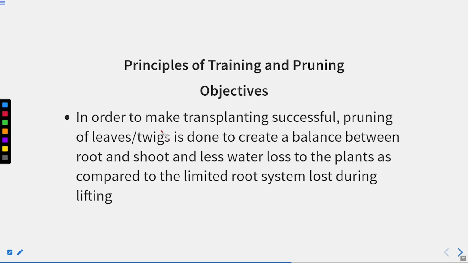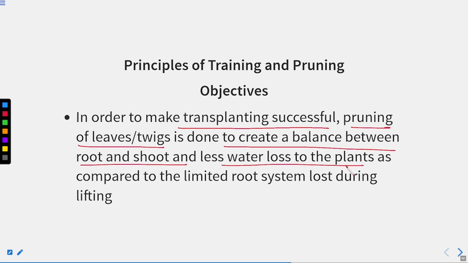Other objective, in order to make transplanting successful, pruning of leaves and twigs is done to create a balance between the roots and shoot and less water loss to the plant as compared to the limited root system left during lifting. So if the root system is not very developed and the shoot is very developed, right, it is having a lot of leaves, then there will be less absorption of water and more evaporation.